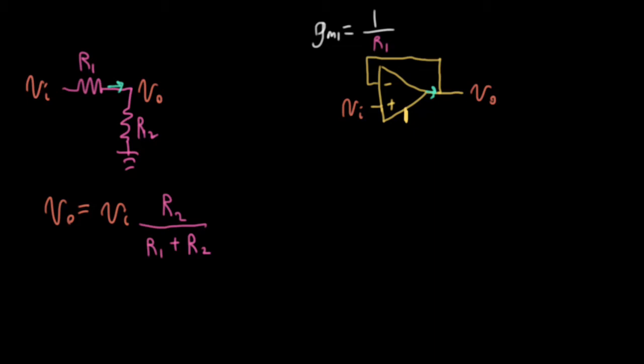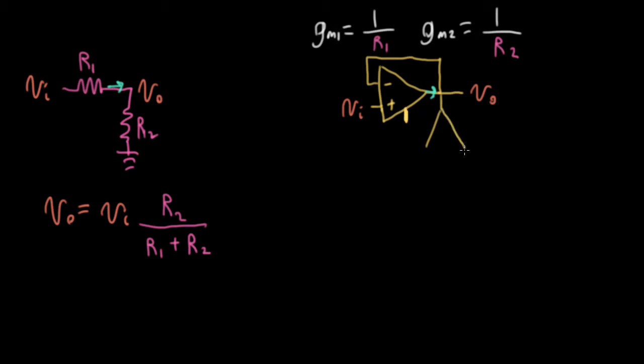Similarly, I'm about to write another OTA, and it might not surprise you to know that the transconductance gain for it, which I'm going to denote G sub M2, needs to be 1 over the second resistance. All right. With that in mind, let me replace the second resistor with an OTA.